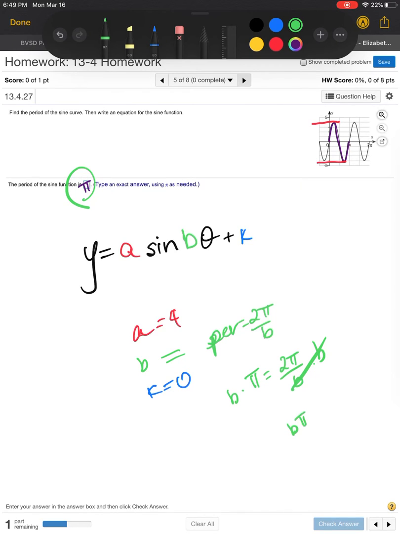So b pi equals 2 pi. The pi's cancel out, and our b is 2. So then we can just plug those into our equation. y equals 4 sine 2 theta. We don't really need to do plus 0, so that would just be our equation there.